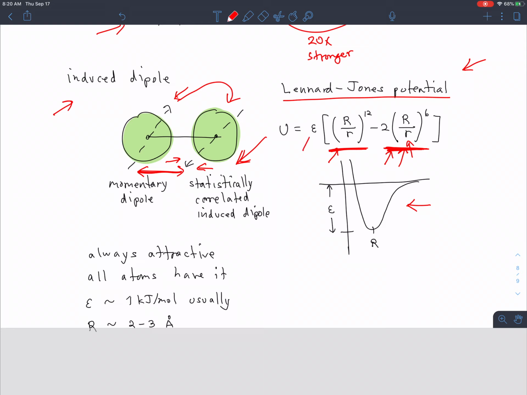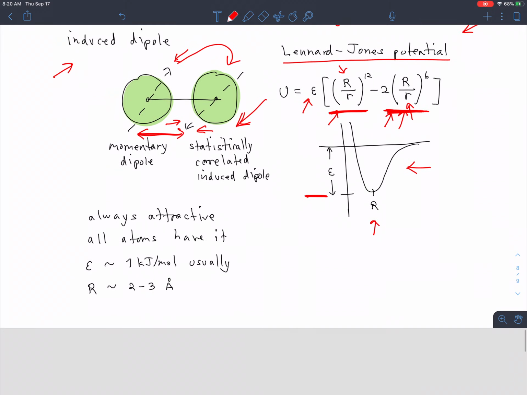It has 2 parameters, this quantity epsilon, which gives how deep the well is, and this quantity big R, which tells you where the minimum in the well is. The Lennard-Jones potential is always attractive, at least when you're far enough out, and that's usually what we assume, that the atoms are far enough away so that they're not actually on this repulsive part of the curve.